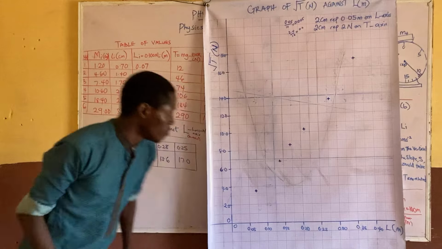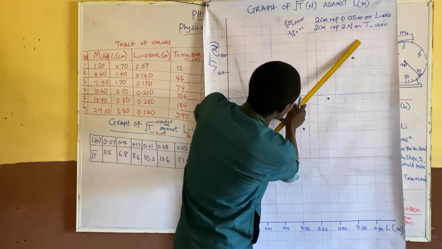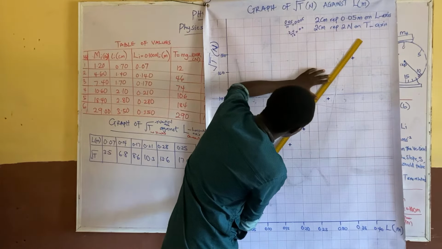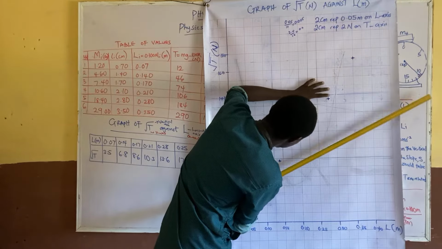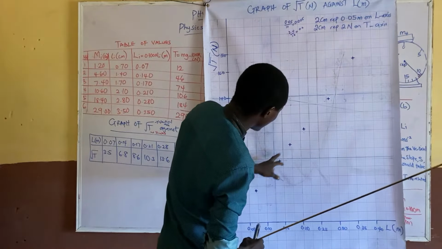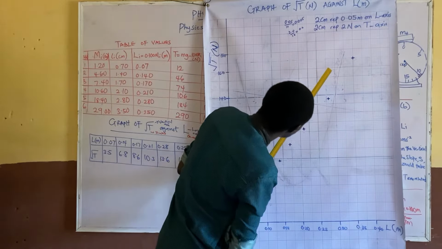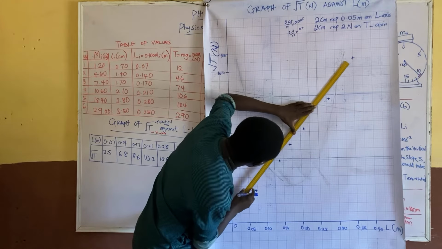So we have to draw the slope. Let's first draw the straight line graph. Let's see if we can take 1, 2, 3, 4. Here we can take 4 points.